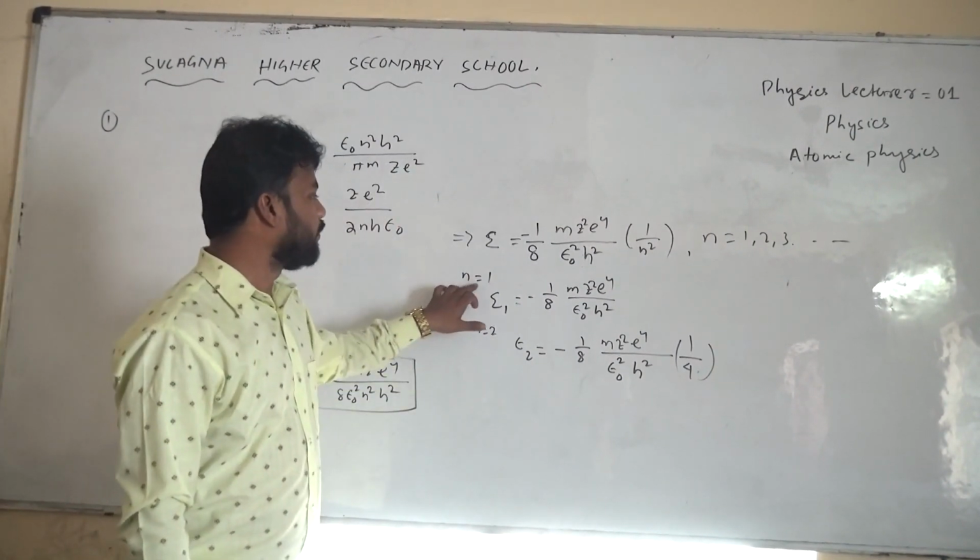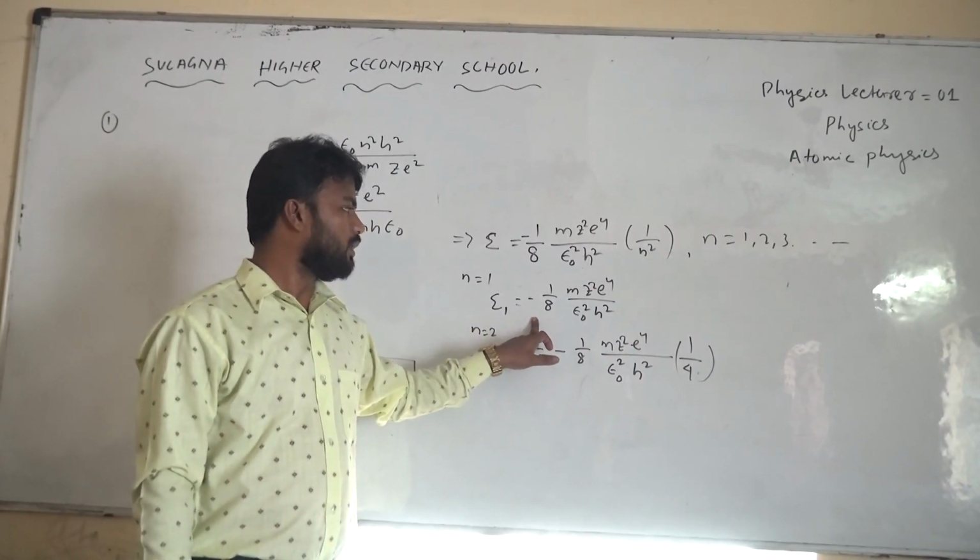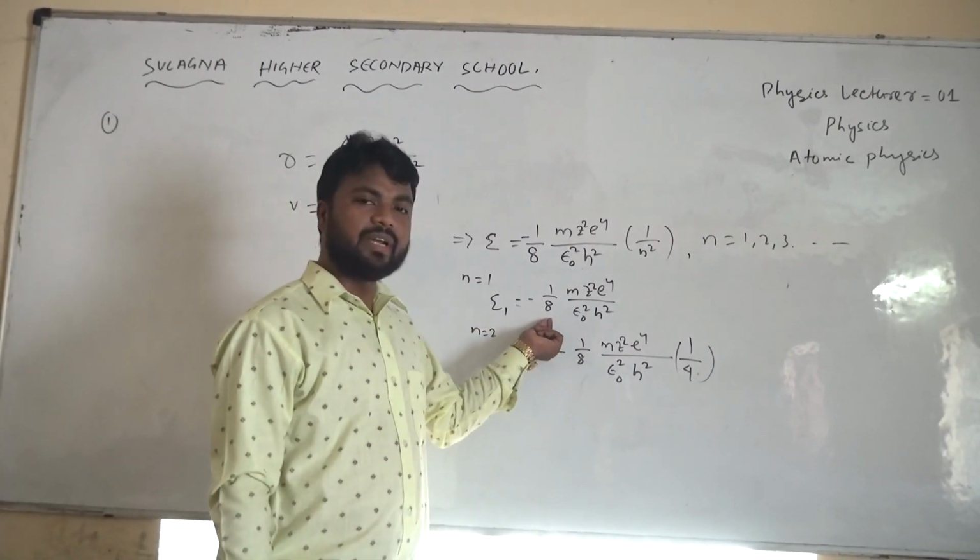So here n equal to 1 is called the ground state, which has the more negative value.